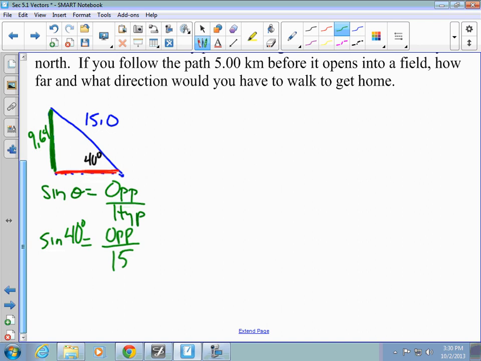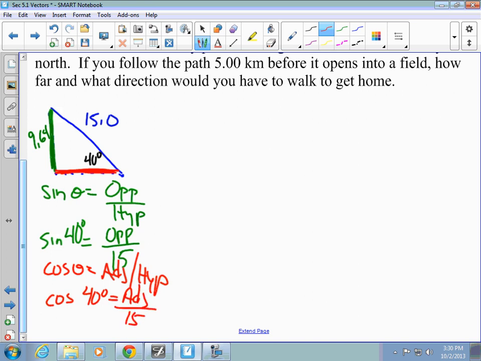Now, that's not my final answer, so I'm not worried about sig figs, but I have 15.0 and 40.0, so my answer should be in 3 sig figs. I'm going to do the same thing to solve for my adjacent, or x value. The cosine of theta is equal to adjacent over hypotenuse. So the cosine of 40 degrees is equal to adjacent over 15. You multiply those together, and you get 11.49.